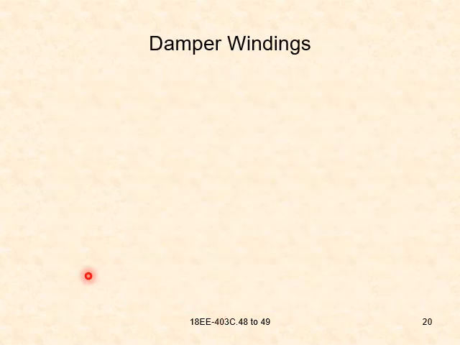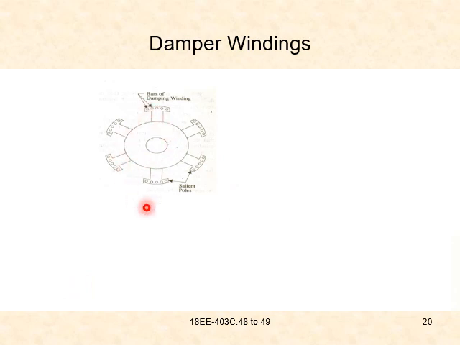Damper windings. What are damper windings? As I have said, this is a projected poles type or salient pole type of rotor. So this is a rotor where all the poles are projected on it. That is why it is called a projected poles type or salient pole type of rotor. And you can see the small circled ones are called bars of damper winding, which are embedded in the face of the field pole or rotor pole face.